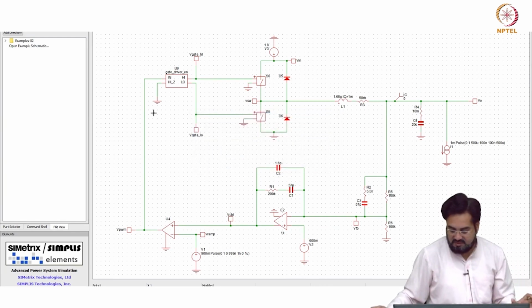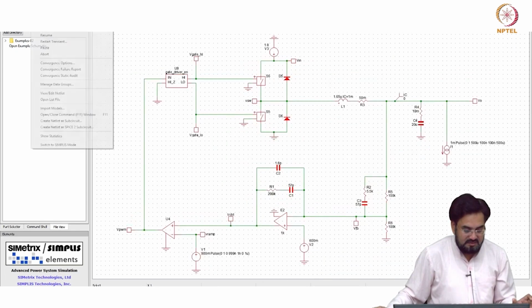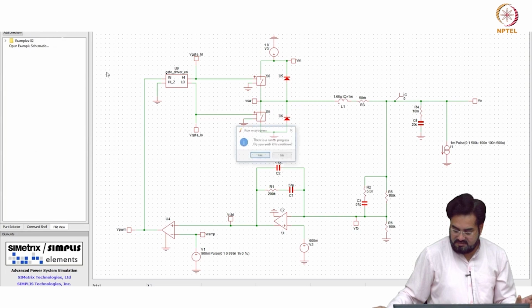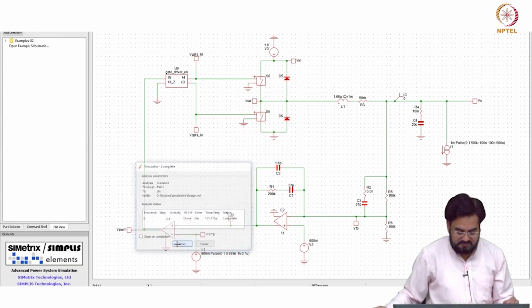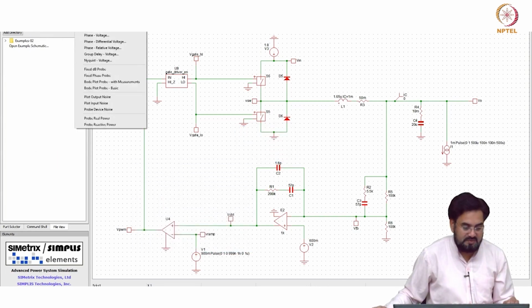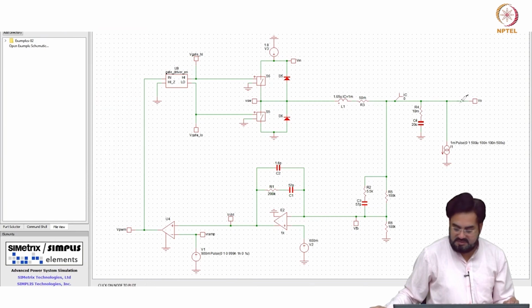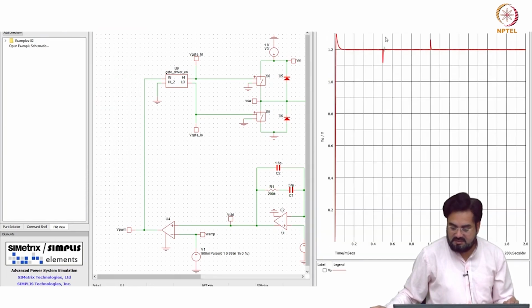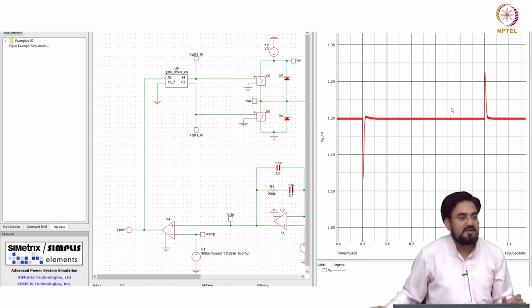These are the original values, and I will run this. Probe voltage. So this is how it was looking.